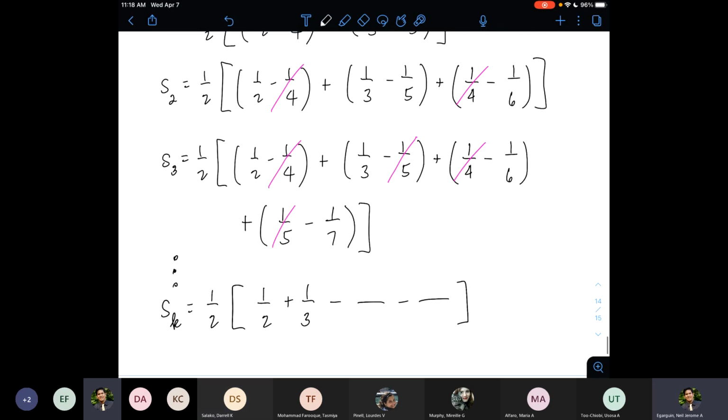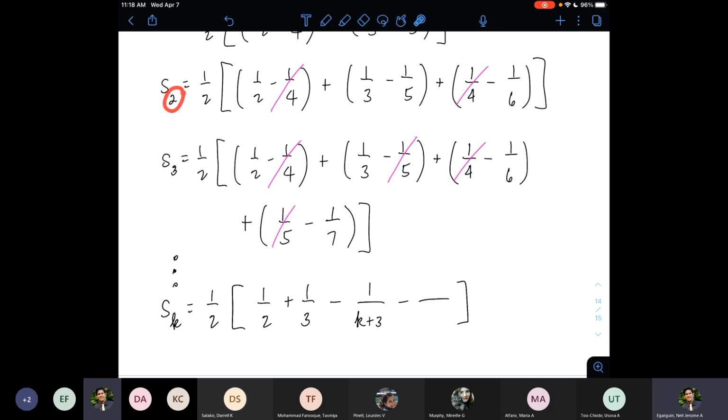Now let's see what we get here. When we have S2, what remained would be negative 1/5 and negative 1/6. At S3, what remained are minus 1/6 and minus 1/7. So what I'm guessing here is we'll get minus 1 over, would you agree this would be k plus 3?